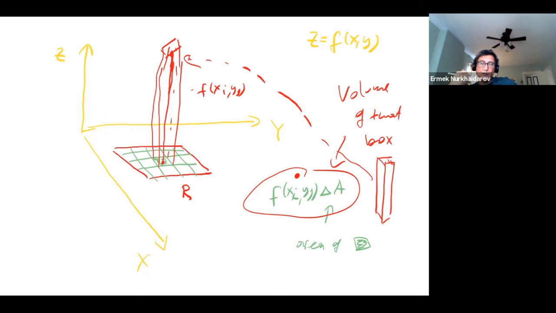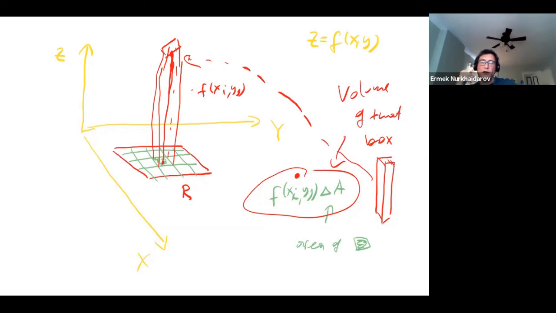So the idea will be that when we add up all those boxes, we get an approximation for the volume under the surface.